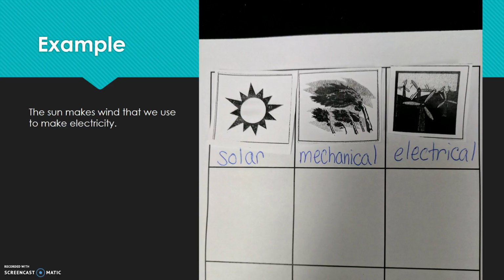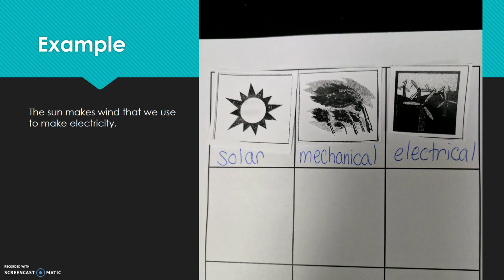So I put the sun as solar energy, the winds I can tell from the palm trees as mechanical, and then the windmills as electrical because I know that they produce electricity. So then my thinking to myself was the sun makes wind that we use to make electricity.